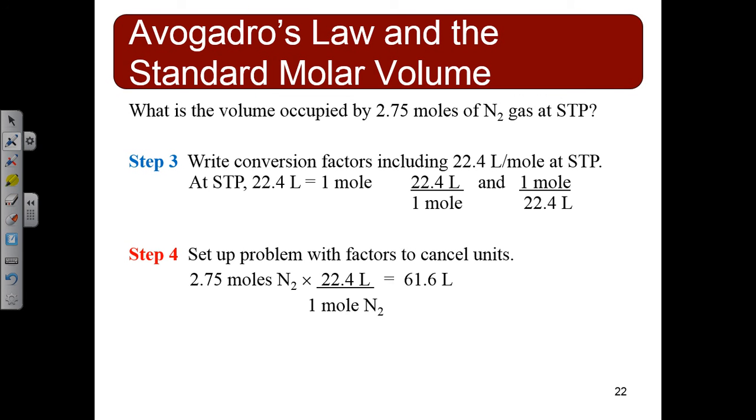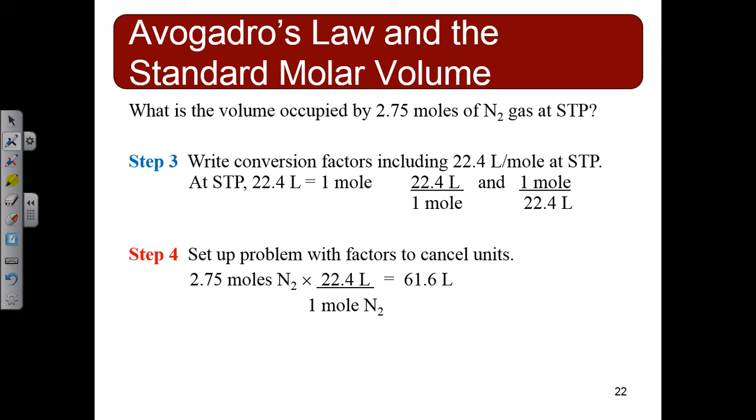You can look at it this way or flip it. So we take 2.75 moles, and in every mole of any gas, here it's nitrogen, it could be oxygen, it could be whatever gas we want to use, the key here is it's at STP, so you have to pay attention to that. It has to say that in the problem.